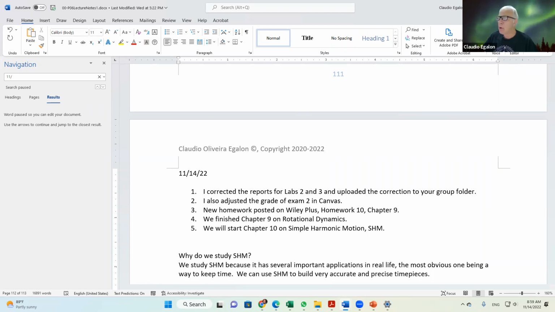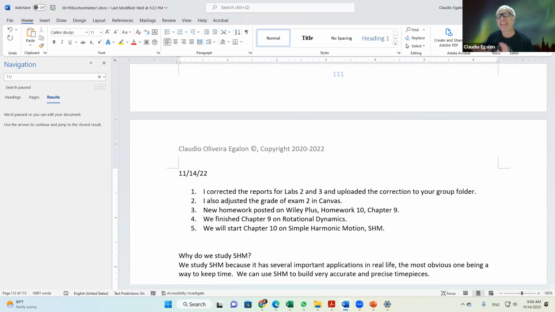When people started using simple harmonic motion to keep time, it was a huge advance in the science of timekeeping at the time. Believe me, it was a quantum leap.